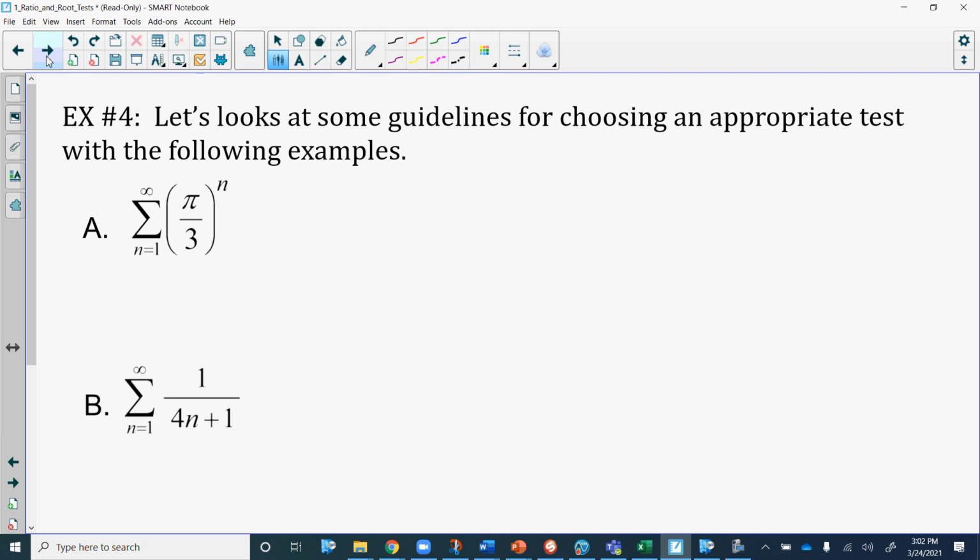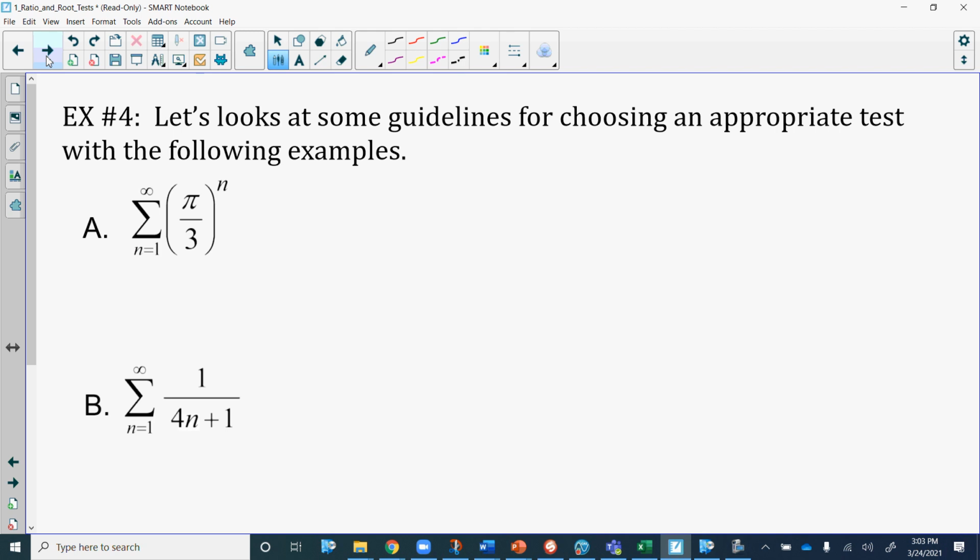So here, and again, I strongly encourage you to look at these and determine what you would look at as an appropriate test in advance of me working it out. But barring that, let's go ahead and take a look at this. And just for the sake of time, I'm not going to get real detailed in the answers that I write down. I'm going to be kind of bare bones about this.